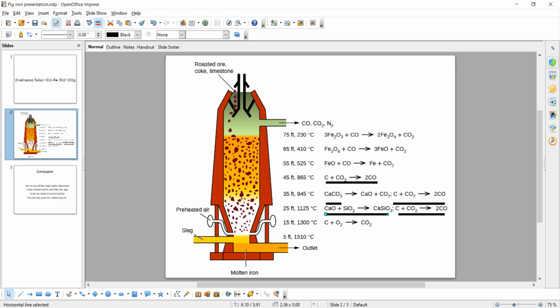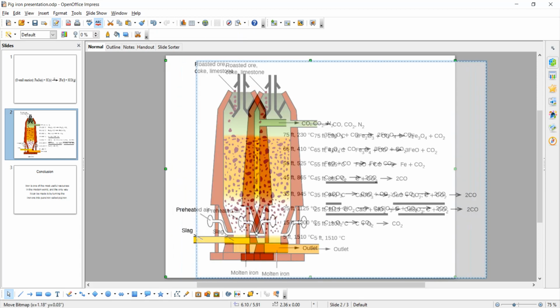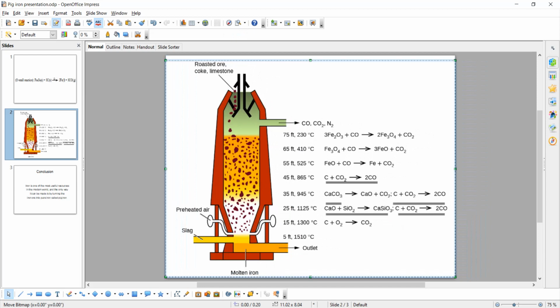Now the CaSiO3 isn't very important, and it's basically all of the non-commercially relevant parts of this process. And so it's called the slag, and it will go out to the left of the blast furnace.